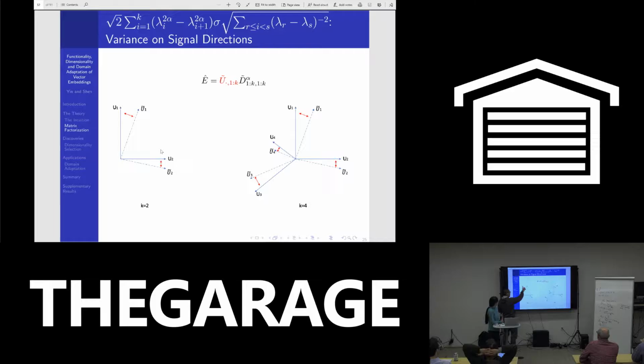The dashed arrows are the singular vectors for the training embedding, and the solid arrows are the singular vectors for the original embedding. Because of the noise, they are slightly different. And if we have a larger dimensionality, we include more of these singular vectors, so the discrepancy between the singular vectors is more significant.